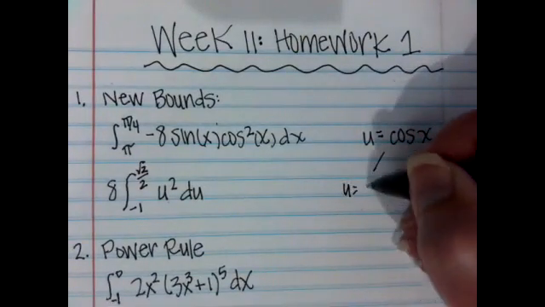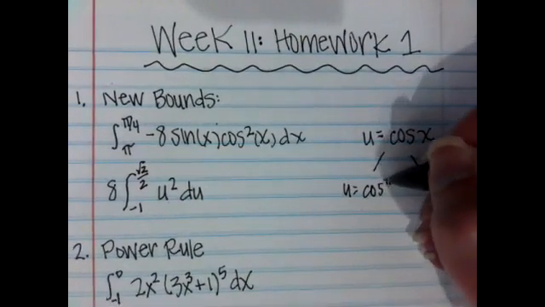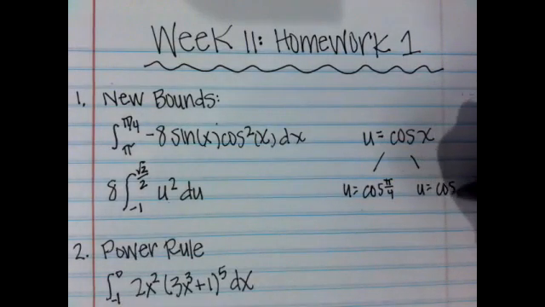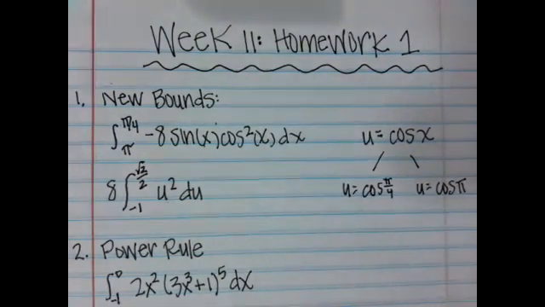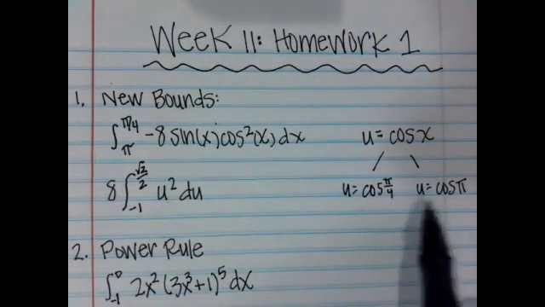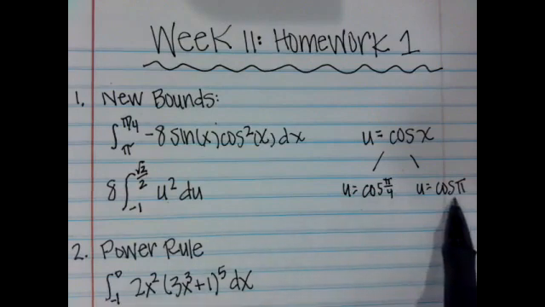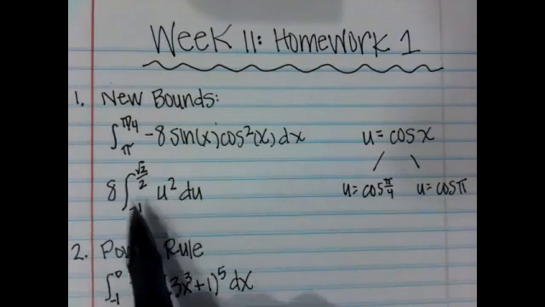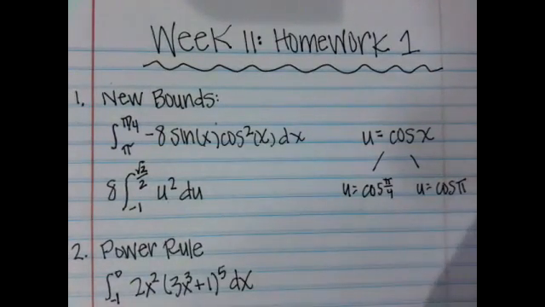So one of them would be cosine of pi over 4, and one of them would be cosine of pi. Cosine of pi over 4 is root 2 over 2, and cosine of pi is -1. And so that's a pretty easy thing, just to find those new bounds. Okay, so some of them just ask for that.